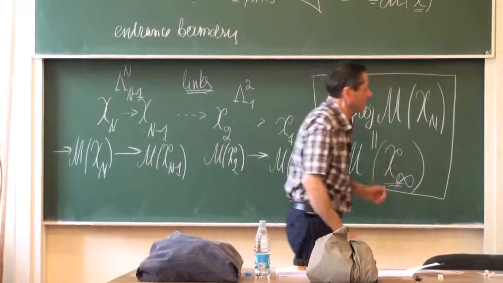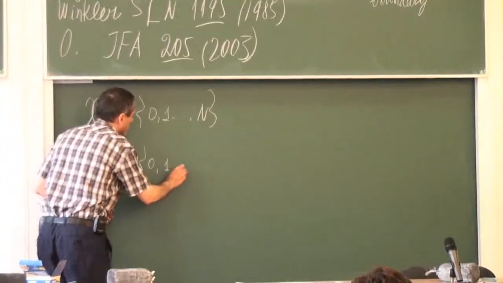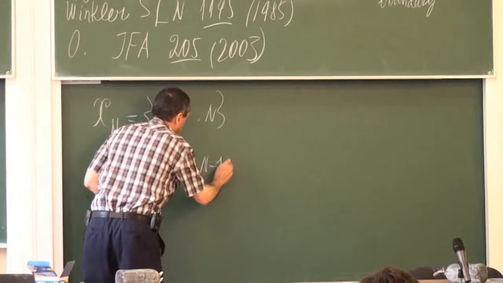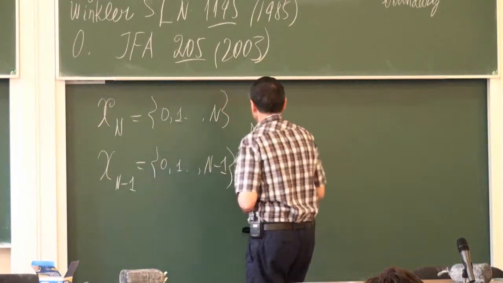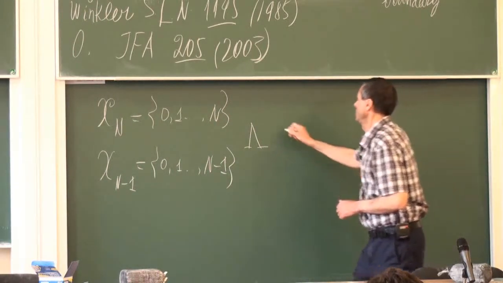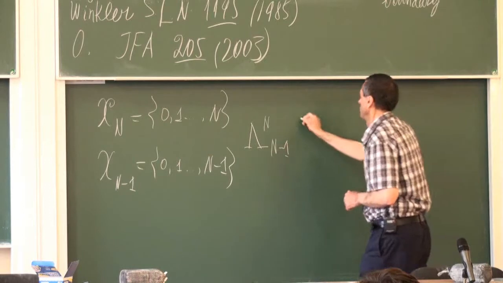So to define this link, I have to define the entries of this matrix. And the definition is as follows.